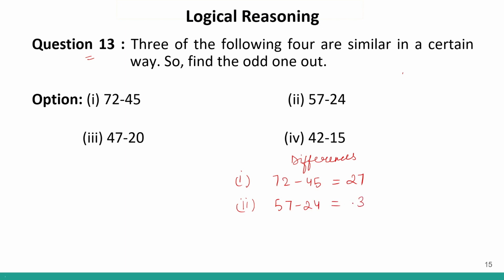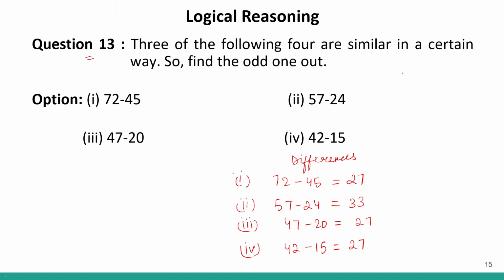This will be 33. If I look at option number 3, 47 and 20, the difference is how much? This is 27. And if I look at option number 4, 42 and 15, the difference is 27 again.